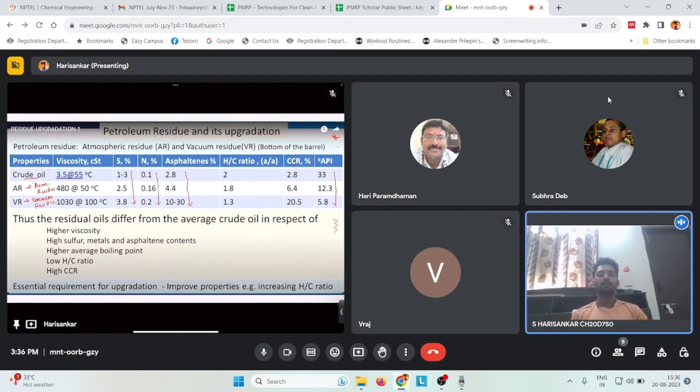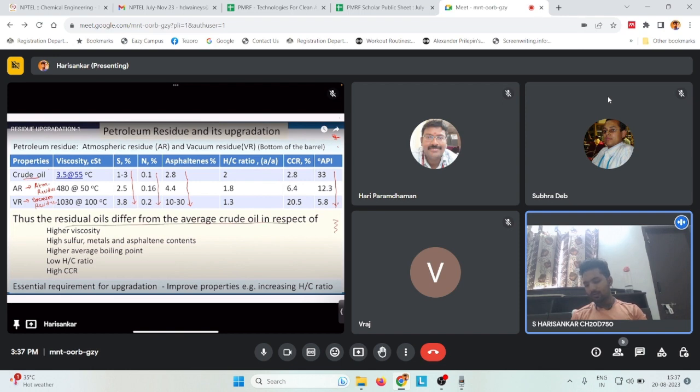So basically, you can see how the quality of the oil is changing when we compare the residues with the crude oil. So we want to upgrade these residues so that we can derive some valuable products like gas oil and so on from these residues, and that will add to the cost efficiency and techno economics of the refinery.